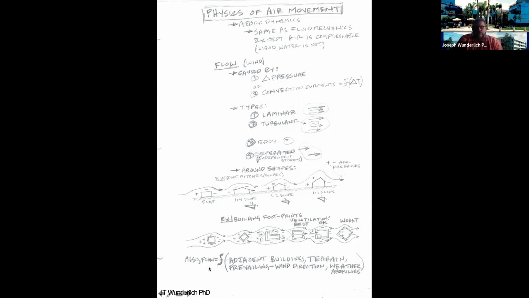But also, flow is a function of adjacent buildings and terrain. This is a big deal in cities. If you've ever walked through Philadelphia in the wintertime, some of the narrowest streets... I helped my uncle in high school renovate a Chinese restaurant on Sansom Street. It's a real narrow street between, what is it, near South Chestnut, and I don't know.